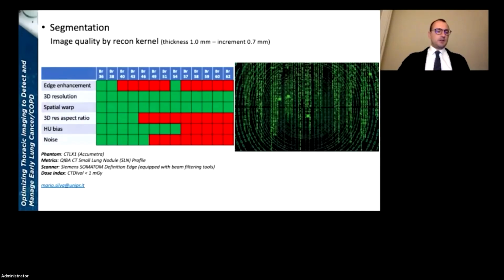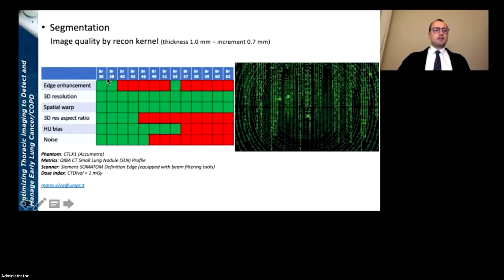This is something that I've tried. I was lucky enough to be able to try with the CTLX-1 phantom distributed through the QIBA group, and I tried it across quite a number of kernels.